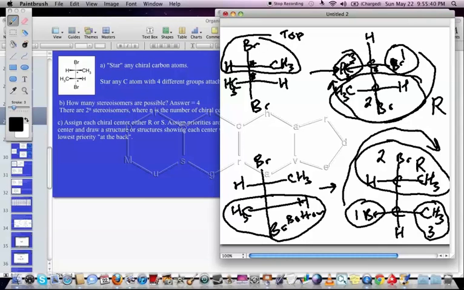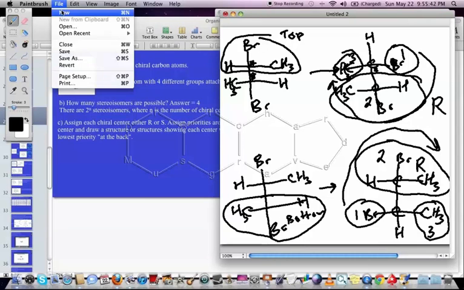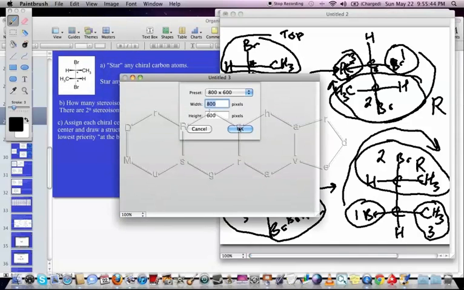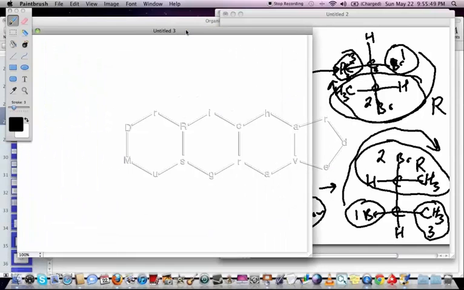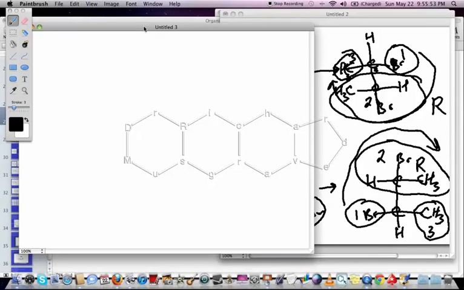Alright, so what we've done is we have identified the stereochemistry of both chiral centers. What I'm going to do now is combine both of those and show you the stereochemistries just as we figured them out.